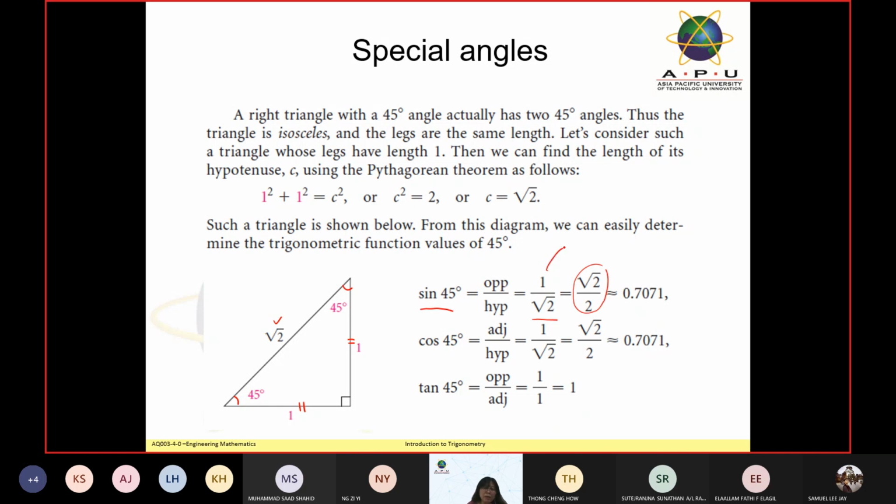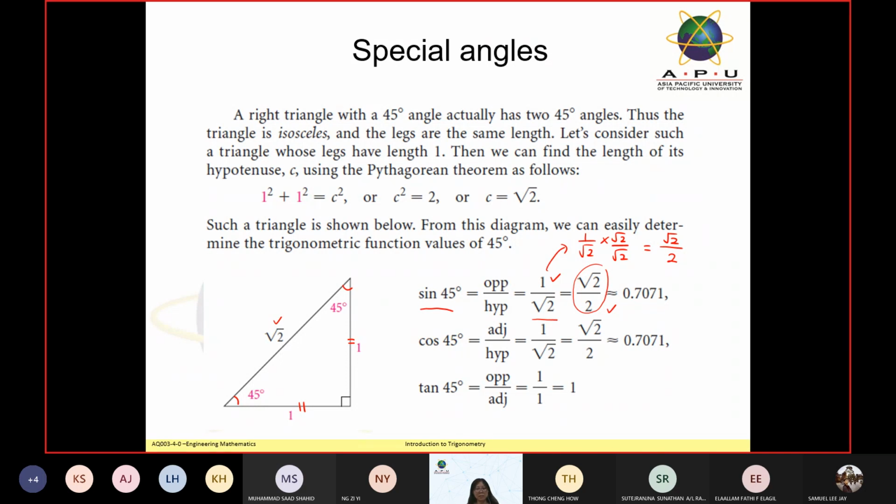Again, using the same concept, 1 over square root of 2, I can multiply by square root of 2 over square root of 2. The bottom, square root of 2 times square root of 2, you get 2. At the top is square root of 2. So either you can write the answer as 1 over square root of 2 or square root of 2 over 2.